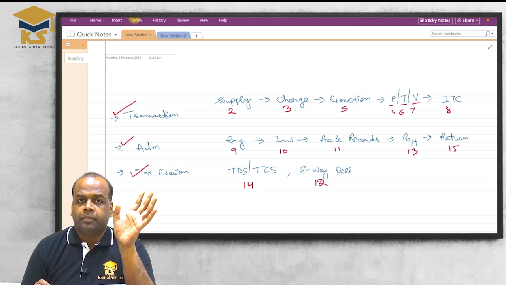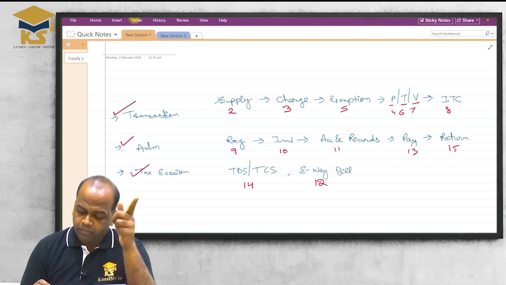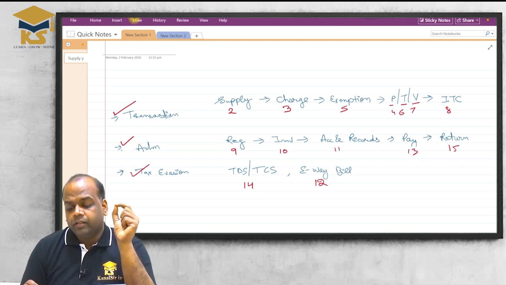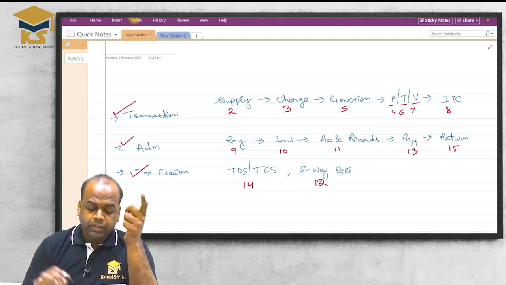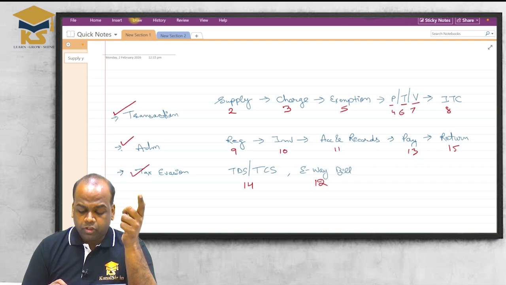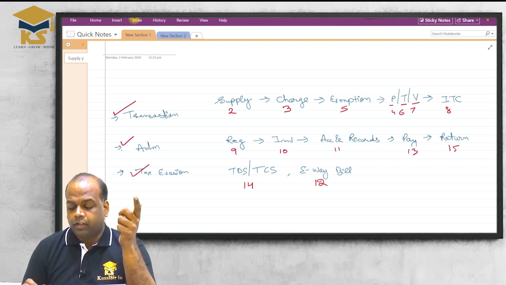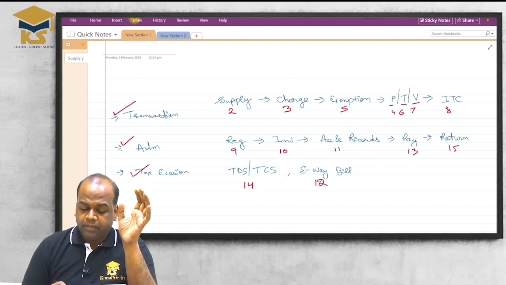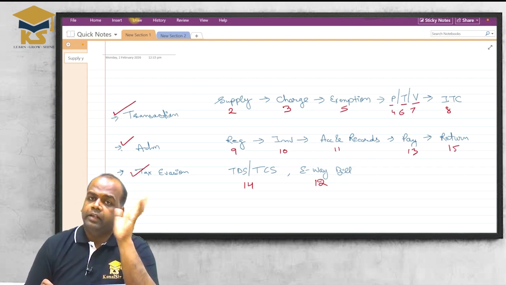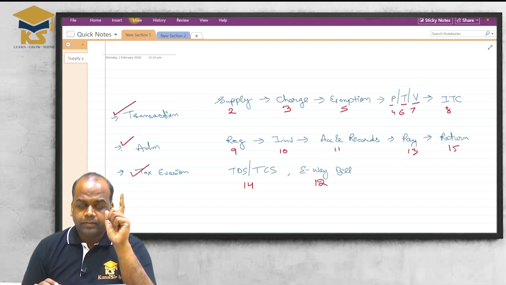We will not take chapter number 4, we will take chapter number 5, then place of supply, time of supply, value of supply, ITC. After all this, registration, invoice, accounts and records, payment, return, and after completing all this, last we will take TDS, TCS and e-way bill. Okay friends, so let's start with chapter number 1, introduction of GST.